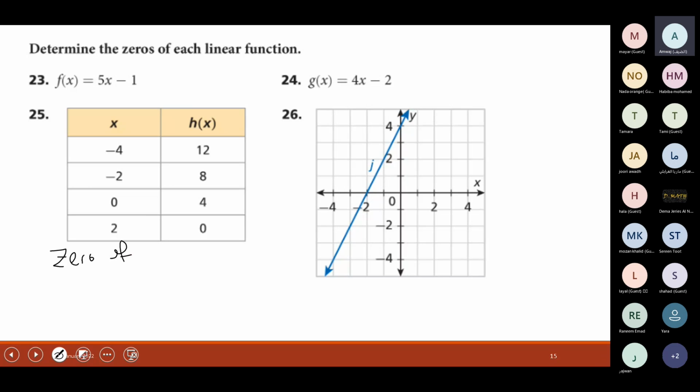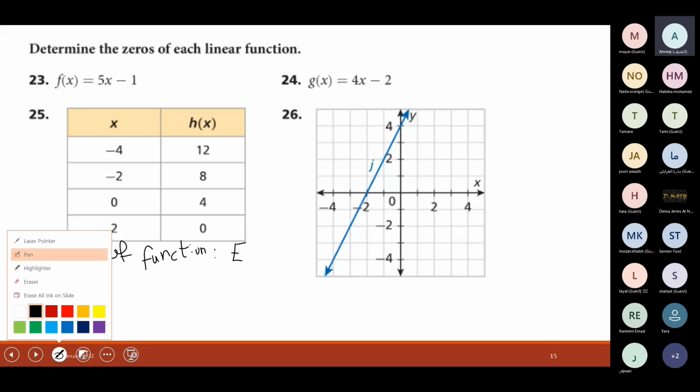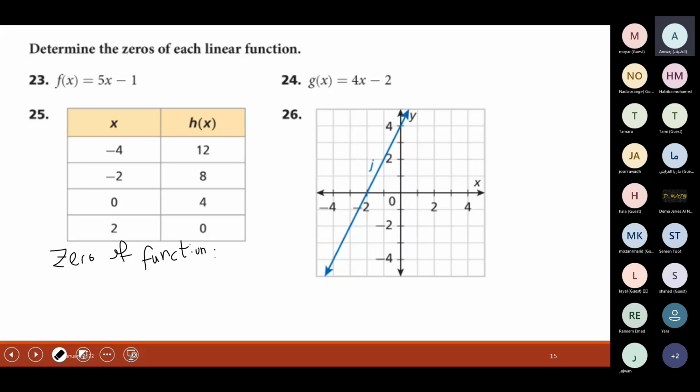Hala, what do you mean by the 0 of the function? F of x equals 0. Bravo. Or here we can say h of x because the table is for h of x.